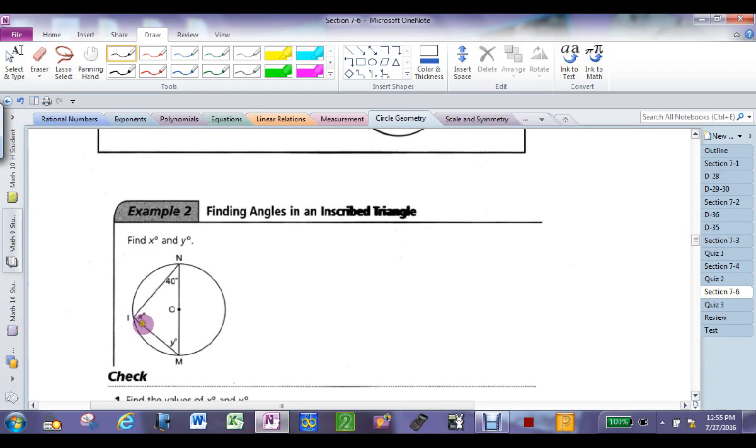So, find X and Y. NM is a diameter. How do you know that? How do you know NM is a diameter? Because it goes right through the middle of the circle, edge to edge. Which means NIM is subtended from it, right?